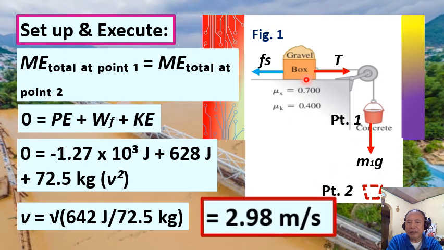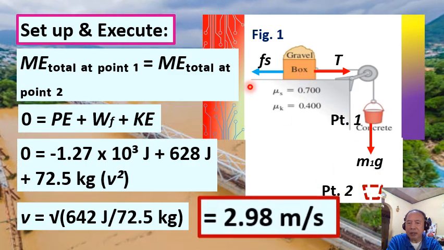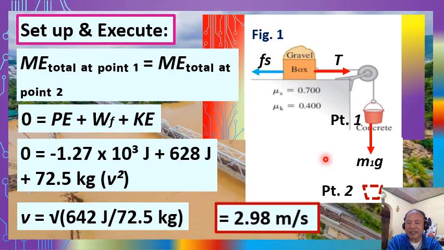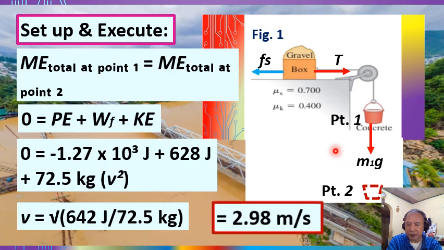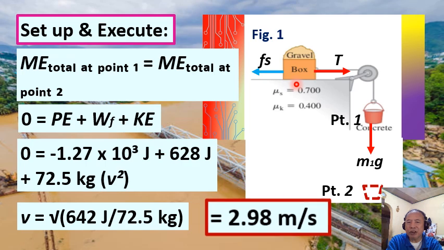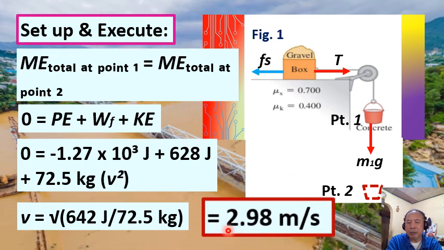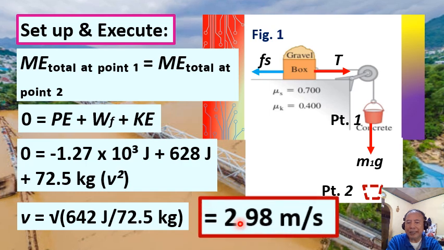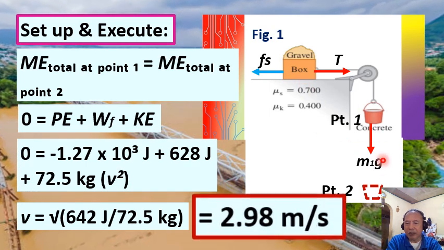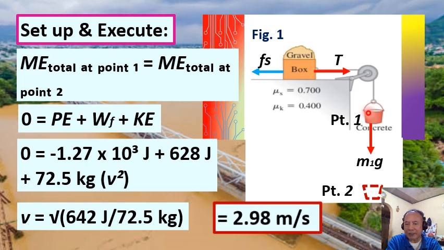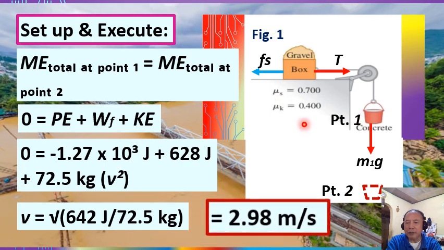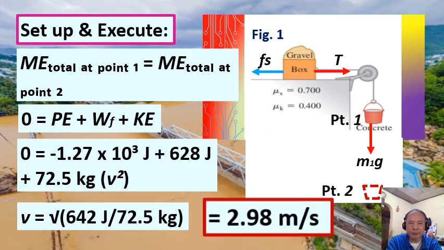It also means that the box has moved horizontally a distance equal to 2.00 meters, and at that instant, its horizontal speed must also be equal to 2.98 meters per second, just like the case of the bucket, since we treated these two bodies as one system.